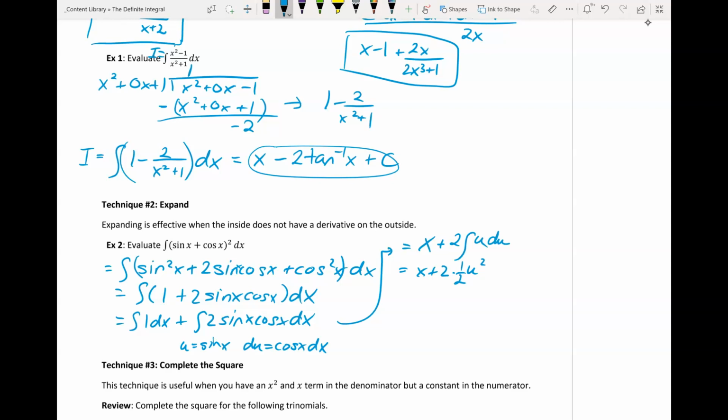And we have an indefinite integral, so don't forget your plus a constant. The ones are going to cancel out. And then we're going to replace this u back, which was sine x. And then that is our final answer.